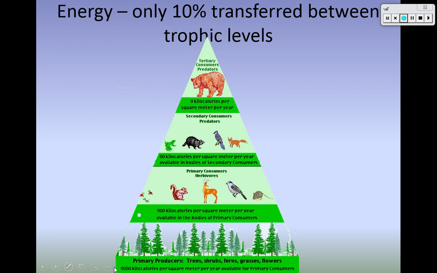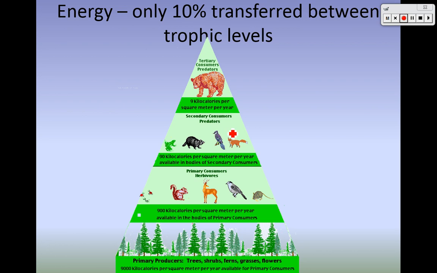And again, in here we don't have the soil, but there's actually a little bit of a reason for that. The main reason is we're looking at trophic levels. So in an energy pyramid, we see that only 10% of the energy is transferred between trophic levels. Meaning, remember, trophic levels are about eating relationships.